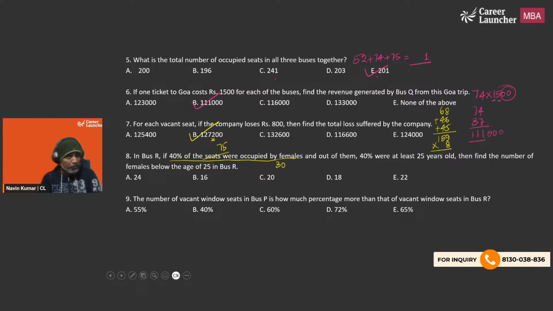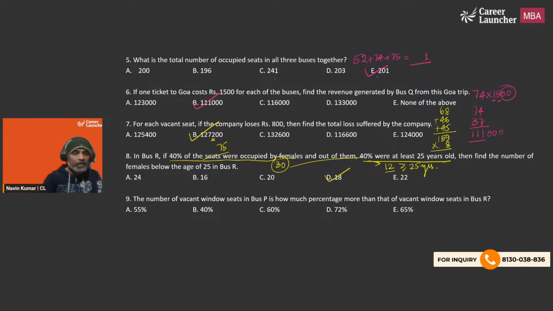So obviously the remaining 45 by males. And out of these 30, 40% were at least 25 years old. 40% of 30 is going to be 12. 12 were greater than or equal to 25 years. Then find the number of females below the age of 25. So out of 30, if 12 are here, the remaining 60%, or that's 18 females, are going to be less than 25 years of age. I hope this makes sense.